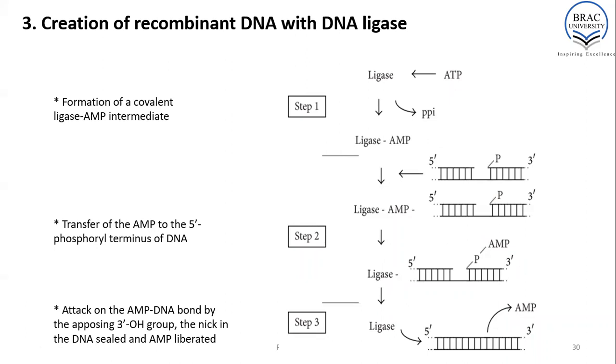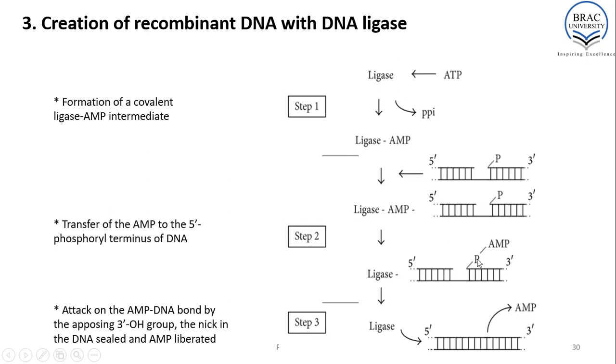In the next step, this ligase-AMP intermediate transfers the adenosine monophosphate, the AMP, to the 5' phosphate group, which has been cleaved during the restriction digestion. That's the unprotected phosphate group.